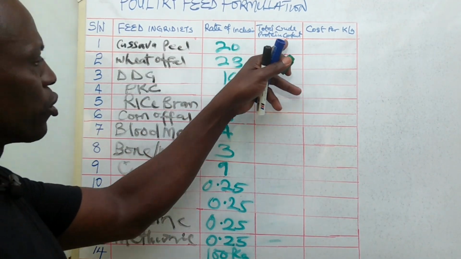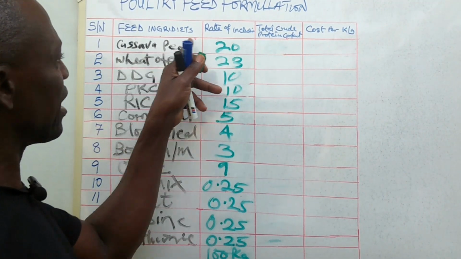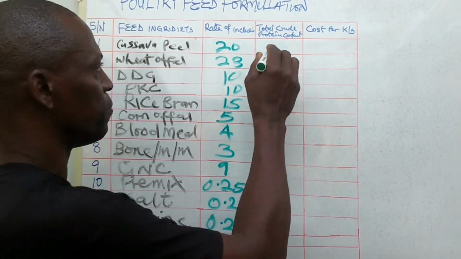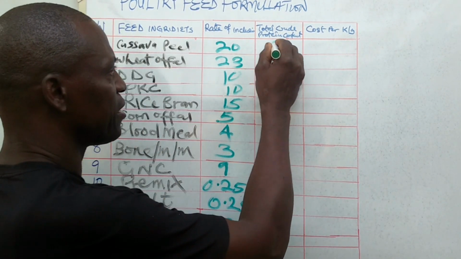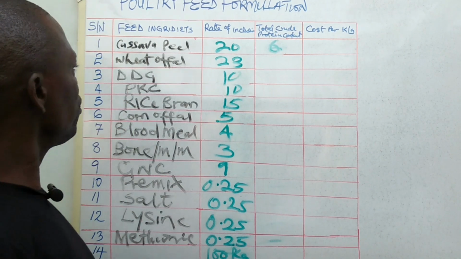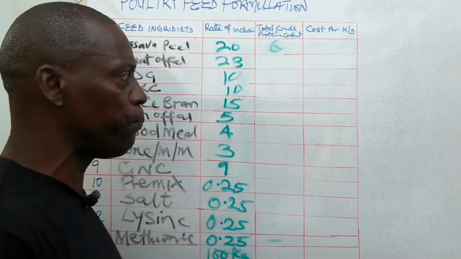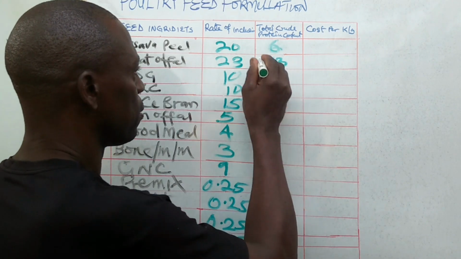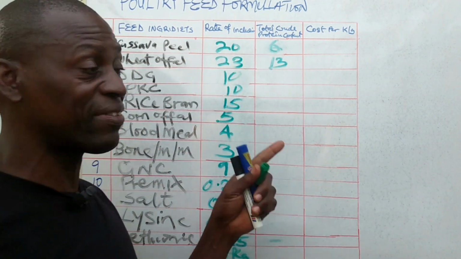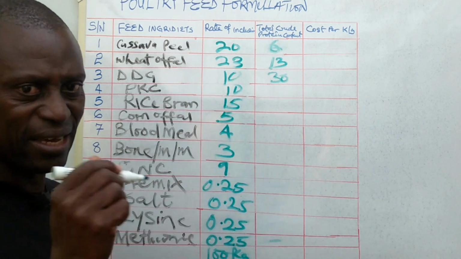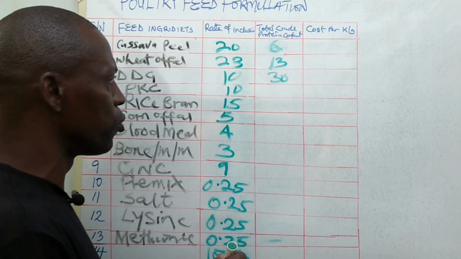Now, what is the total crude protein of cassava peel? I earlier told you the cassava peel has 6% crude protein. Then what is the crude protein of wheat offal? Wheat offal has 13%. Then brewers' dry grain has 30%. Then palm kernel cake has 16% crude protein.